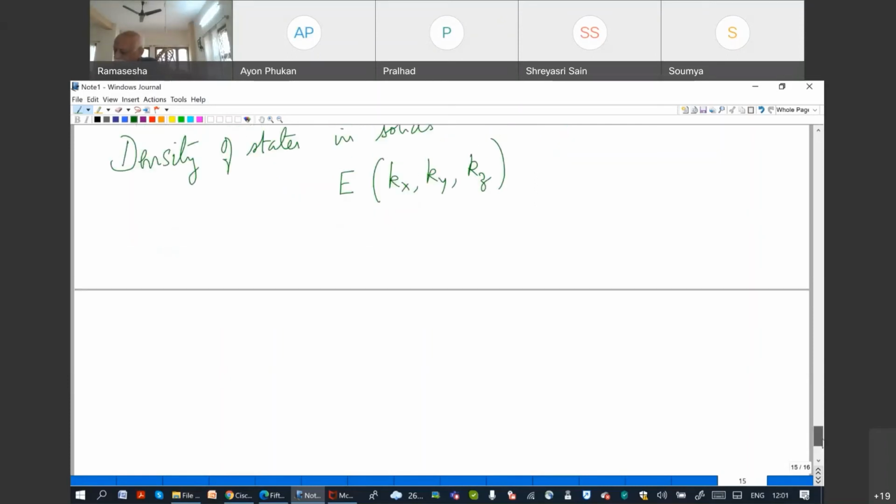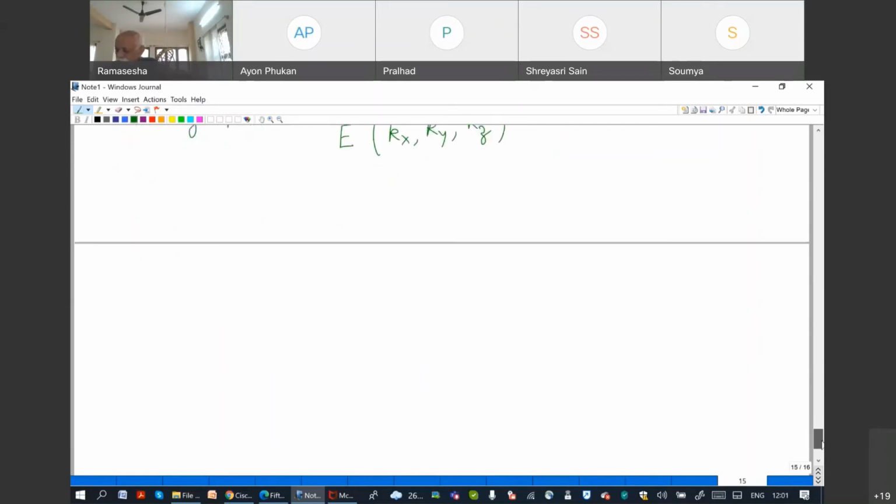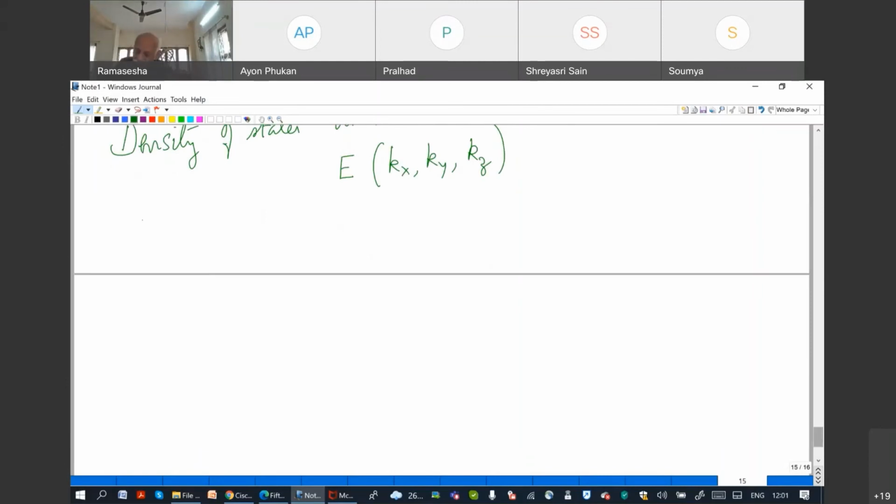Anyway, let me make it much simpler. You know how the free electron energy surfaces are, right? Free electron constant energy surface. Do you know this? What is the energy of a free electron?